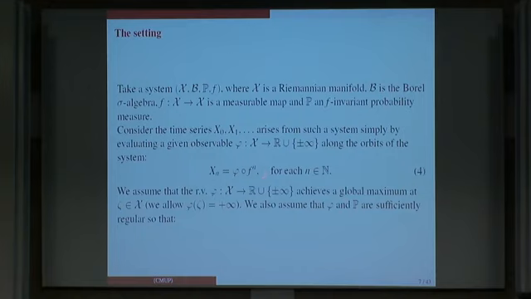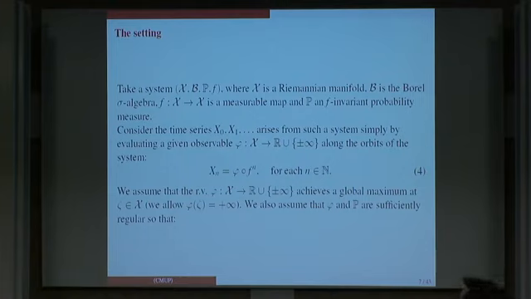If one wants to study probabilistic properties of this system, one considers stochastic processes arising from this system simply by choosing an observable function that we call phi, and evaluating this observable function over the orbit of the system.